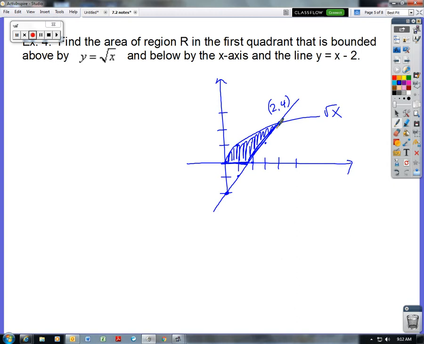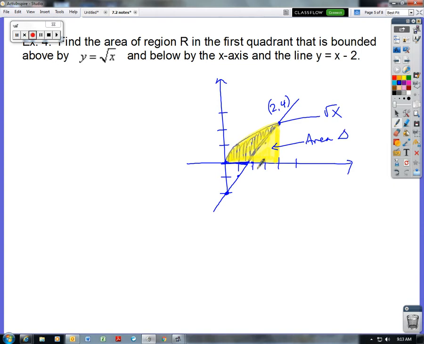What you can do is you could think about the area under the curve, y equals root x, here. You could find that one easily enough. That would give you that entire yellow region, and we only want the blue region, so we could pretty easily find the area of this triangle and subtract it.